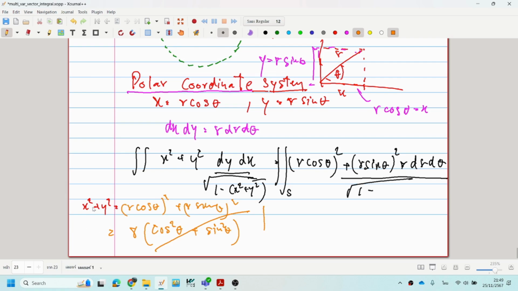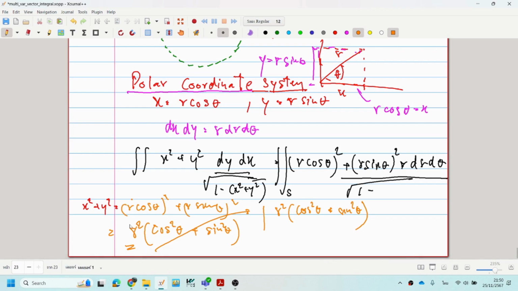That means r squared plus y squared equal to r... Oh, sorry, r squared, because r squared moves out of cosine squared theta plus sine squared theta, which reduces. Okay, you got r squared.